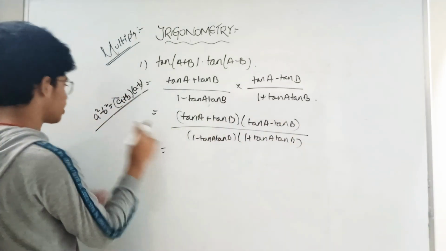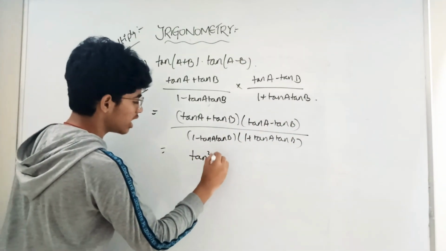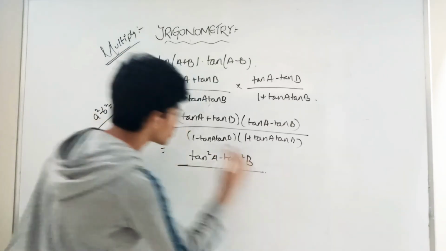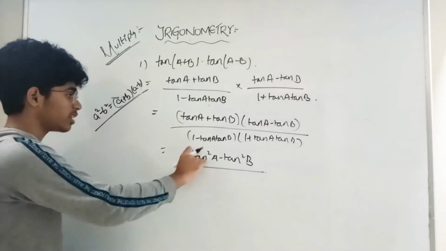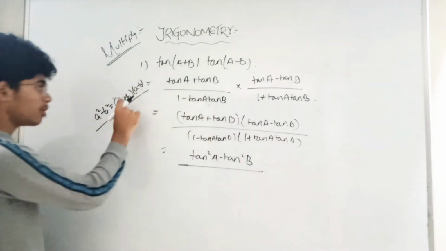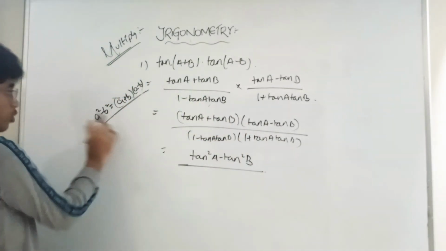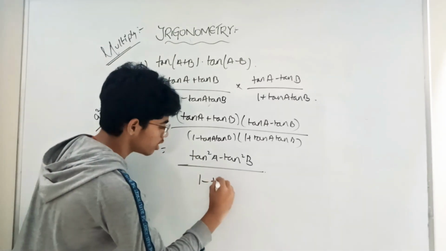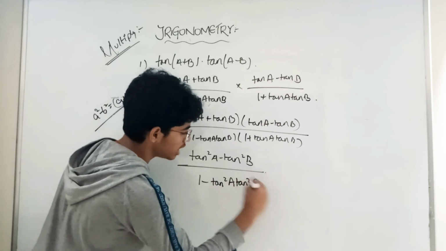So we can write a square minus b square, which is tan square a minus tan square b, over, the same one, a minus b into a plus b. So 1 minus tan a tan b is in the form of a minus b, and 1 plus tan a tan b in the form of a plus b. 1 is a and b is tan a tan b. So we can write a square minus b square, which is 1 minus tan square a tan square b.